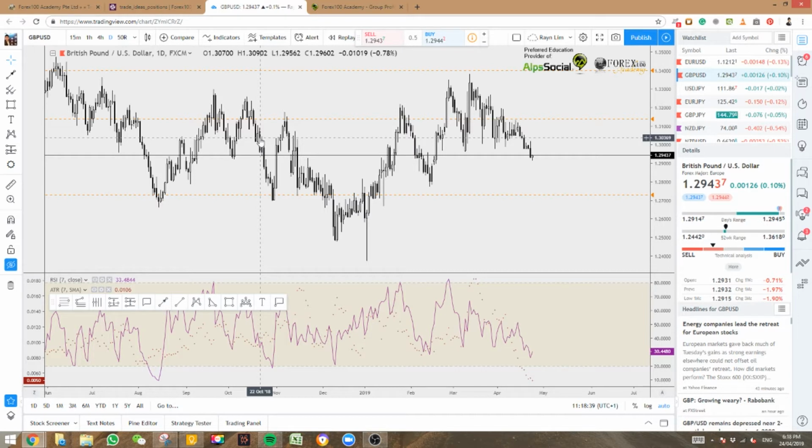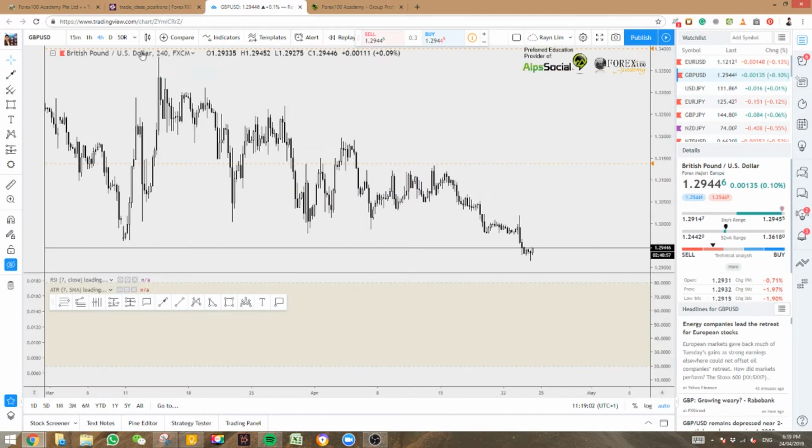Over 15 years of trading, I find that this is the clearest, because at times you have so many drawings, it may clutter and you may overlook certain things. So on the daily chart, you can observe that the candle yesterday broke and closed below the low, which is one of the very important confirmations I'm looking for a shorting opportunity.